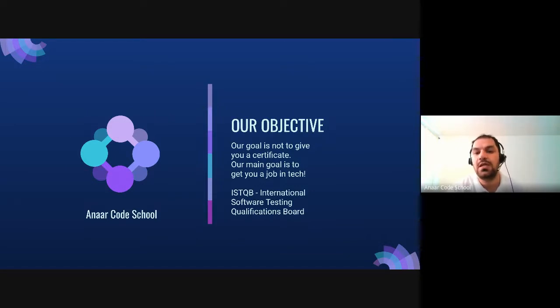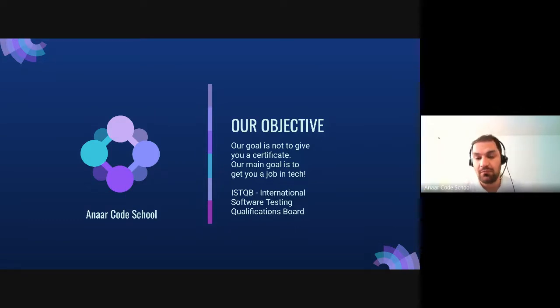What I'm trying to say here is the job market today, especially in the tech industry, is very different from, let's say, 15 to 20 years ago. So it's evolving very fast. Companies are looking for skills. They are not looking for certifications. They are not looking for diplomas. So our main objective with this class is not to give you a certificate, but to help you to secure the job. That would be our main objective.